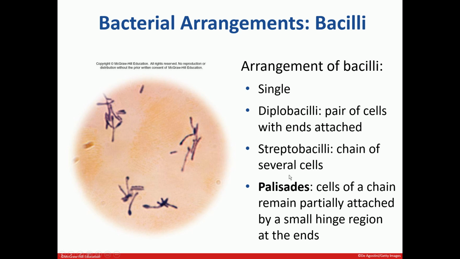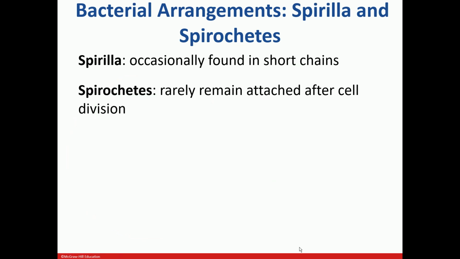Palisades, when these bacilli are in chains and they are partially attached by a small hinge region at the ends. So they are basically chains, but they are attached. Spirilla, so they are occasionally found in short chains. Spirochetes, they rarely remain attached after cell division.